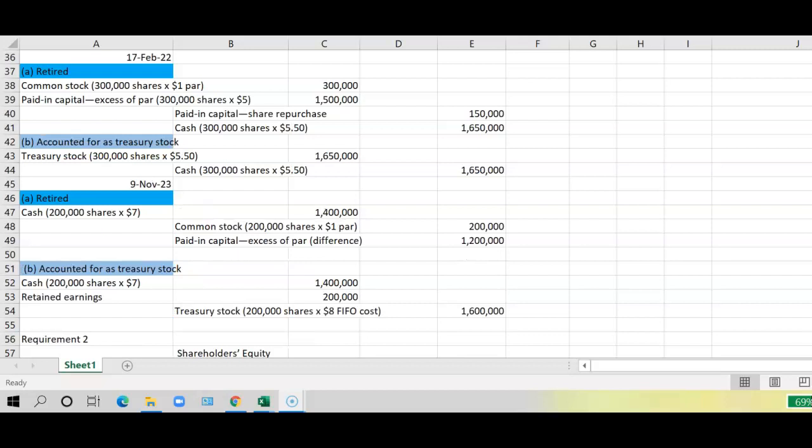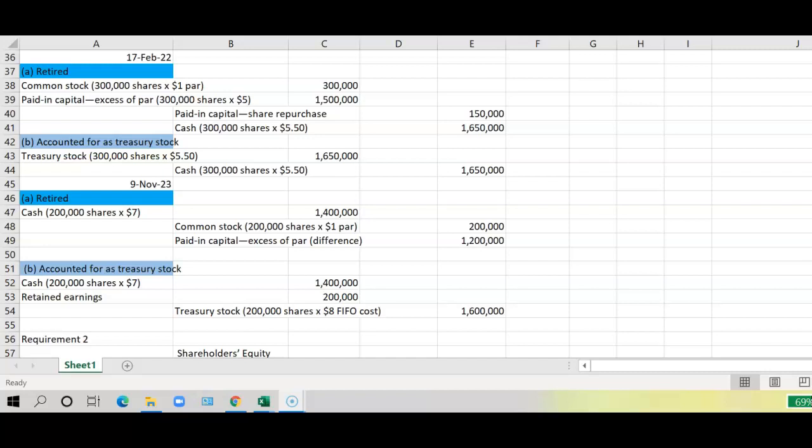For the November 9th, 2023 transaction, the company sold 200,000 shares at $7 per share using the FIFO method. So the company is selling the shares they previously retired.